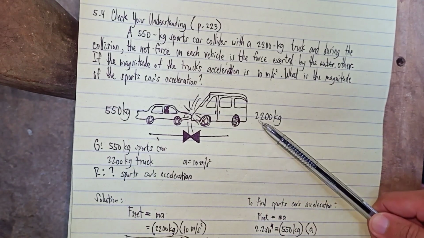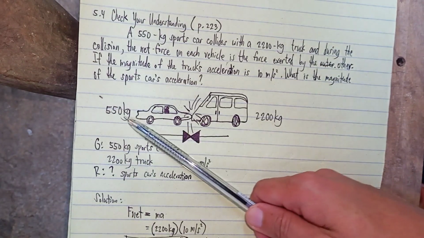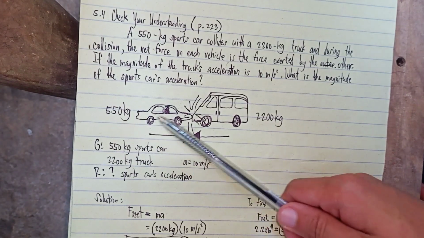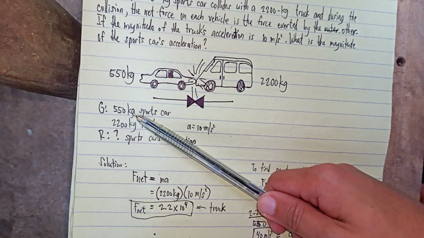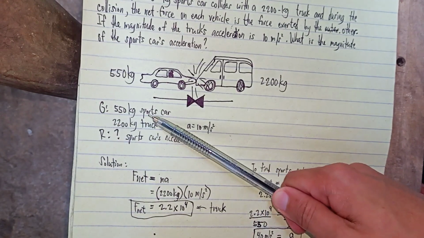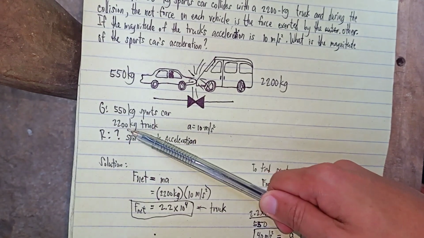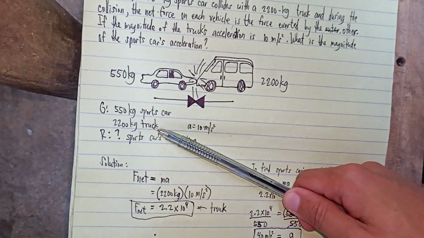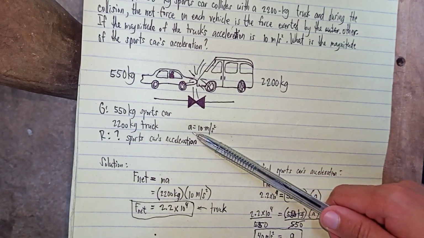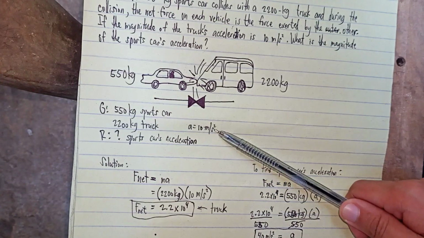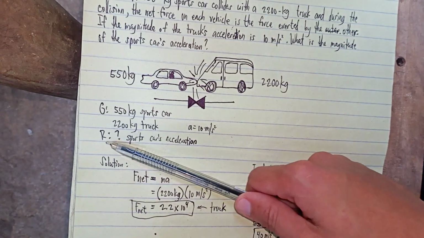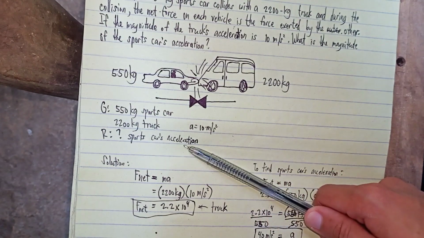The truck weighs 2,200 kilograms, then the sports car 550 kilograms. The given is 550 kilograms for the sports car, 2,200 kilograms for the truck, then the acceleration of the truck is 10 meter per second squared. Required: the sports car acceleration.